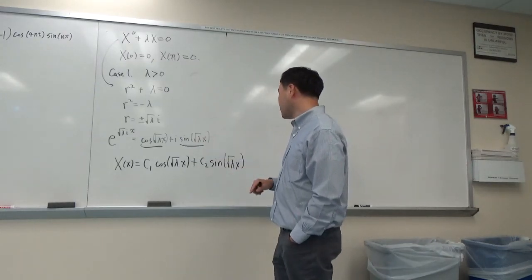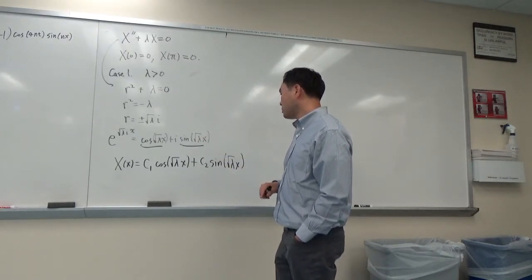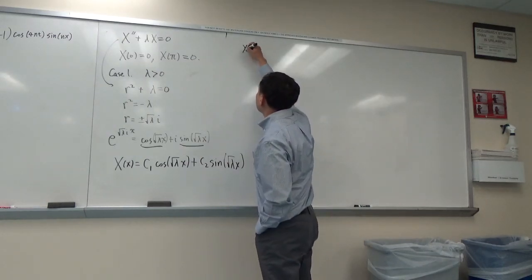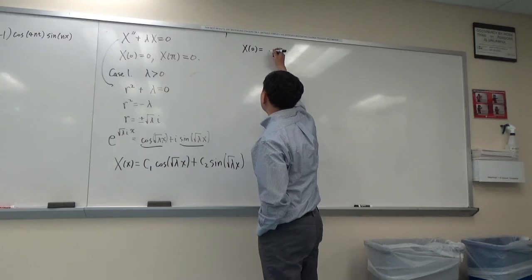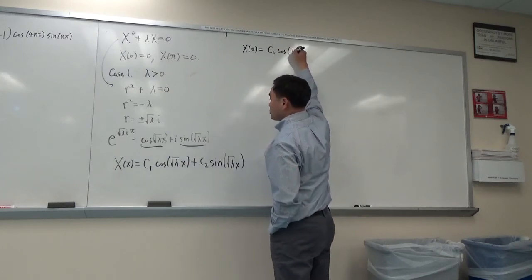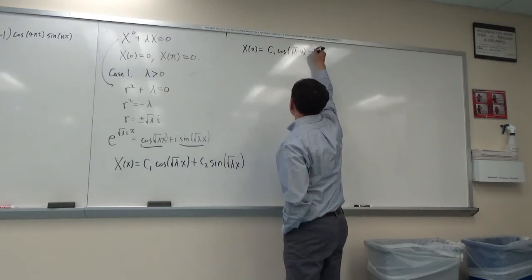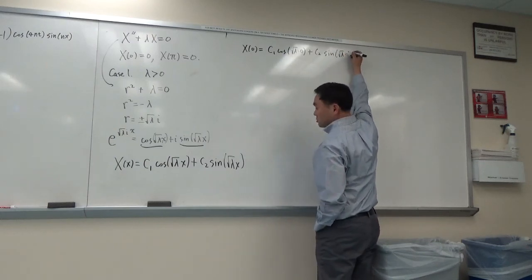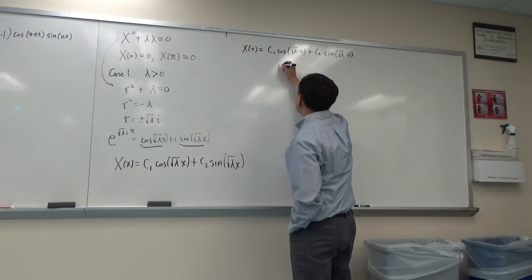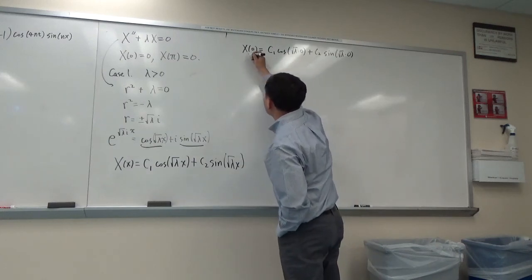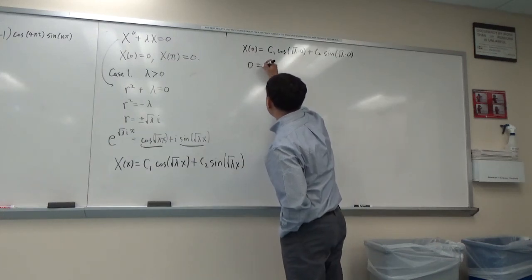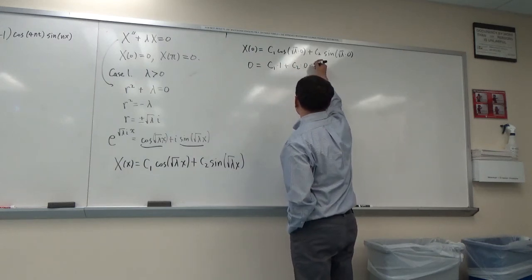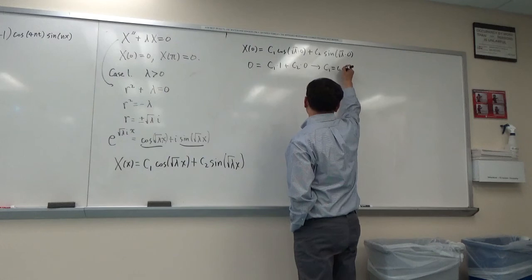So you have this, and then you apply the boundary condition. So x of 0 equals c1 cosine of square root of lambda times 0 plus c2 sine square root of lambda times 0. Cosine 0 is 1. x of 0 is 0, so 0 is equal to c1 times 1 plus c2 times sine 0, which is 0. So that says c1 must be 0.